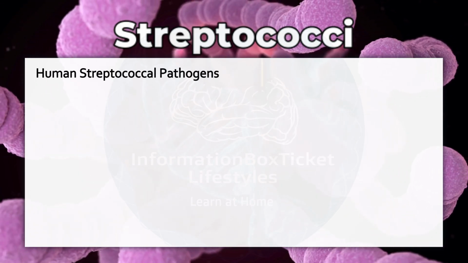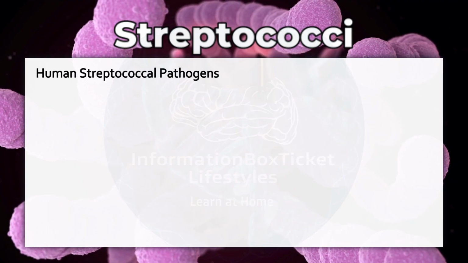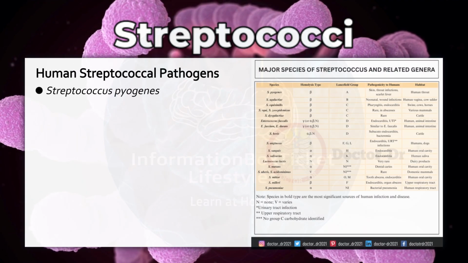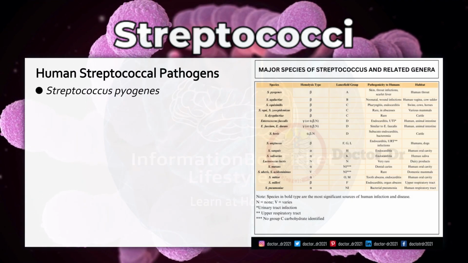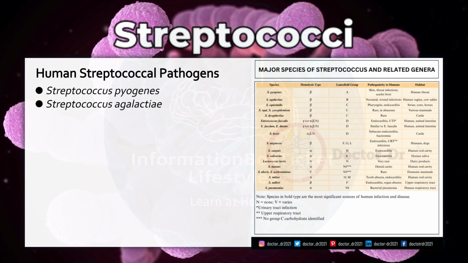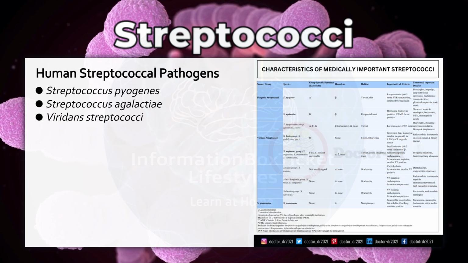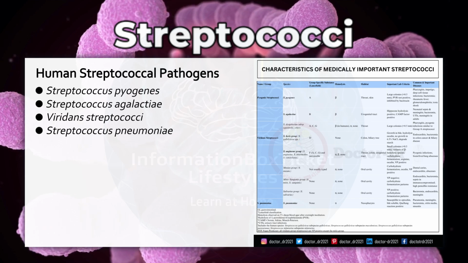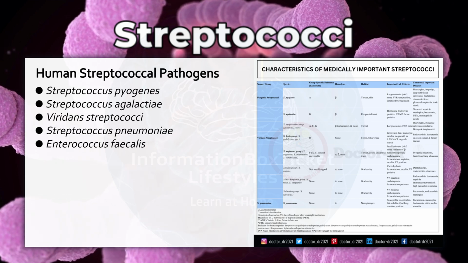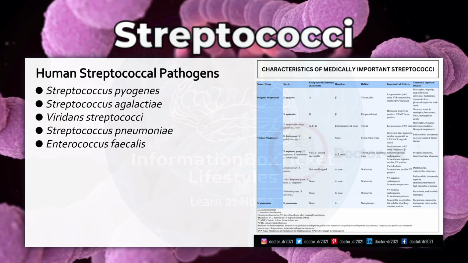Human streptococcal pathogens: Streptococcus pyogenes, Streptococcus agalactiae, Viridans Streptococci, Streptococcus pneumoniae, Enterococcus faecalis.